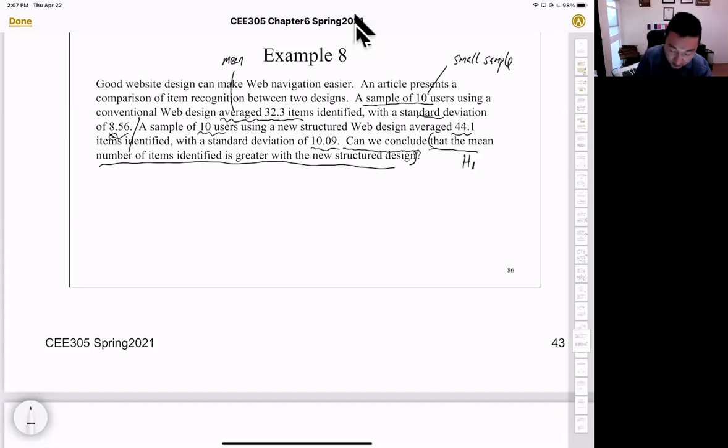So clearly this is a hypothesis test for the difference between two means with a small sample size. This is a question from section 6.7, so we use the equation we just discussed. Remaining, first of all, we write down the parameters needed, which are given.